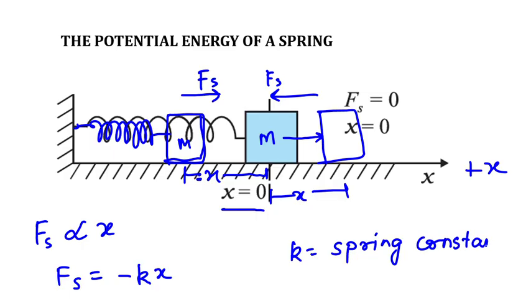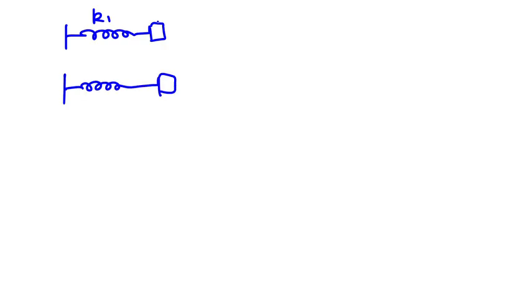And it also shows how stiff a spring is. Let me take it to another slide. Let's say you have two different springs, one with spring constant k1 and another with spring constant k2. Same mass attached. Okay.